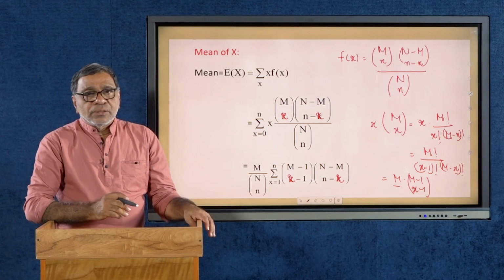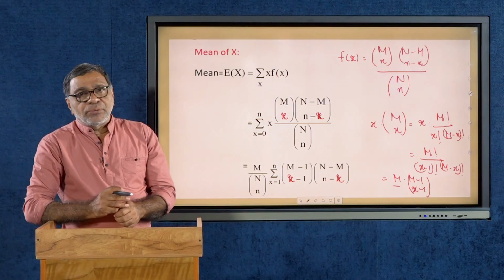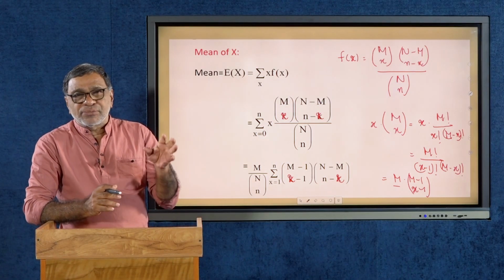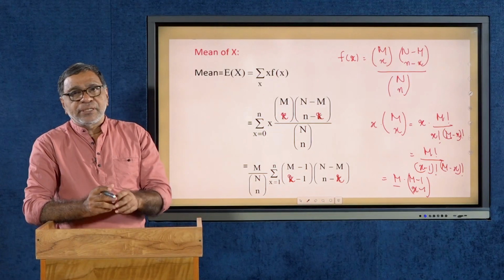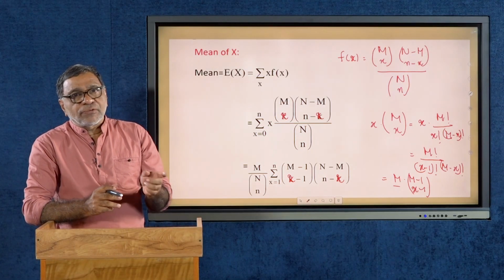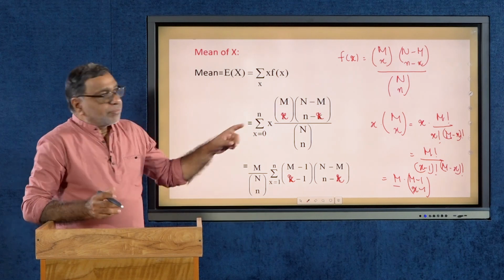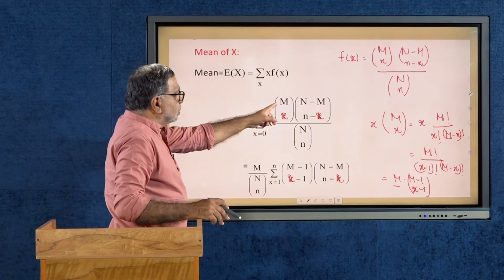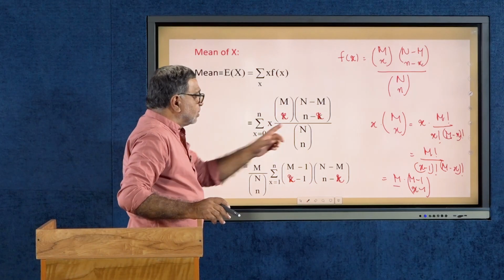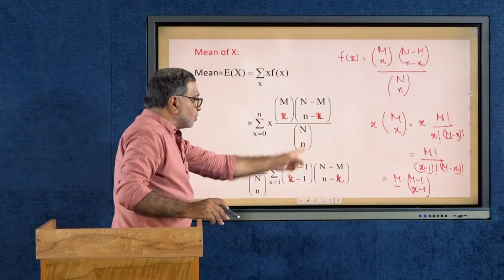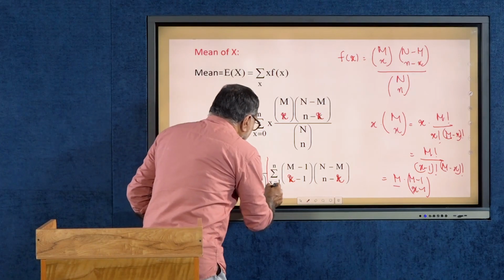If we are representing the probability mass function in terms of f of x, do not write k. If you are representing it in terms of the probability of X equal to k, represent it in terms of k. So I am representing f of x here: mCx times (N minus m)C(n minus x) divided by NCn. Simplifying this expression, we can write it like this. And what is the advantage of writing it like this?